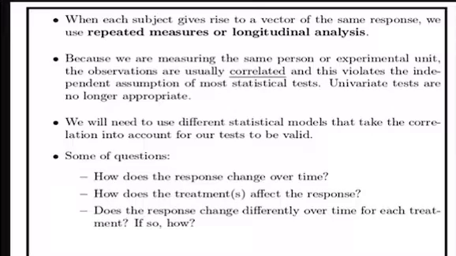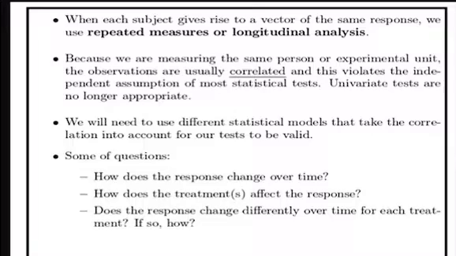Let me tell you, when you are using a repeated measure, automatically time is going to be one of the factors. I'm going to say that again. When you are studying repeated measures ANOVA, the first factor is time.